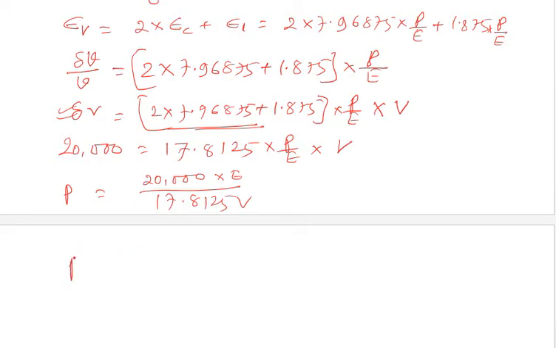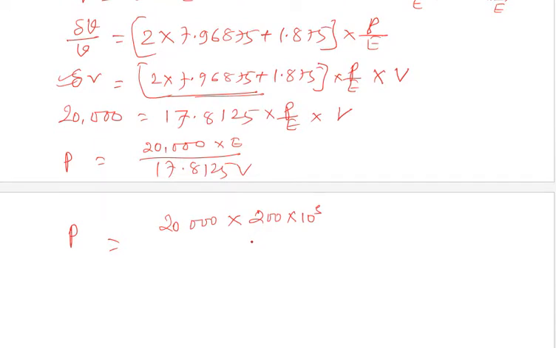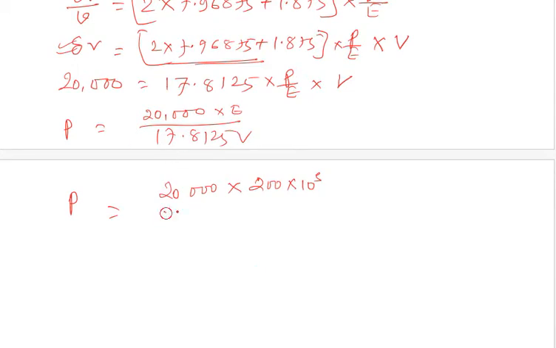Now P is equal to how much, that is 20,000, E is given, that is 200 into 10 to the power cube Newton per mm square. Correct. By 17.8125, and the volume of the cylinder, that is pi by 4 d square L.